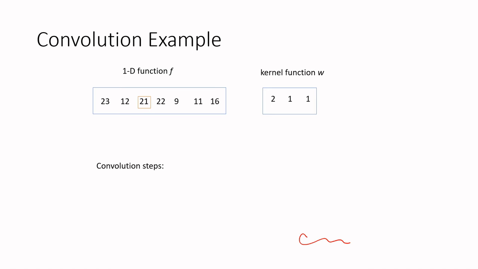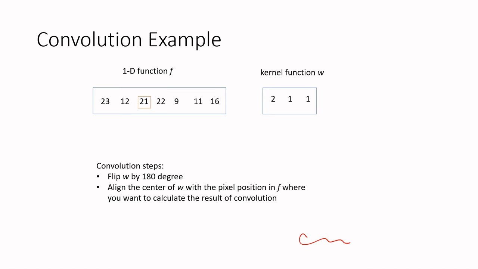What are the steps that are involved in convolution? Number one, we will flip the kernel function w by 180 degrees, and then we will align the center of this kernel function w with the pixel position in f where we want to calculate the result of convolution.